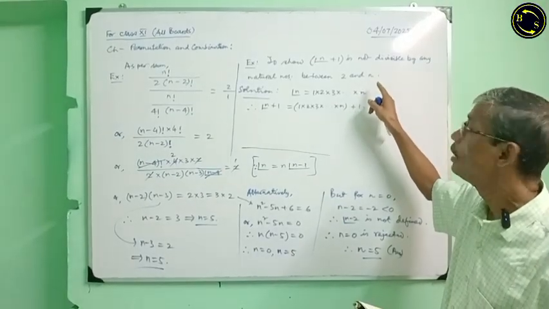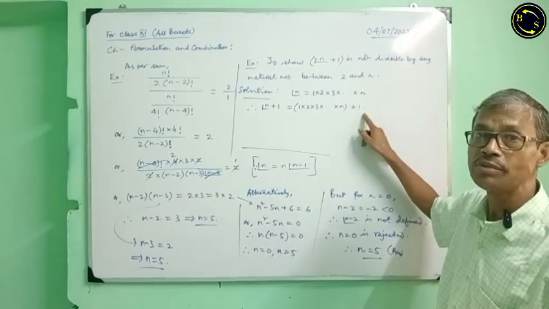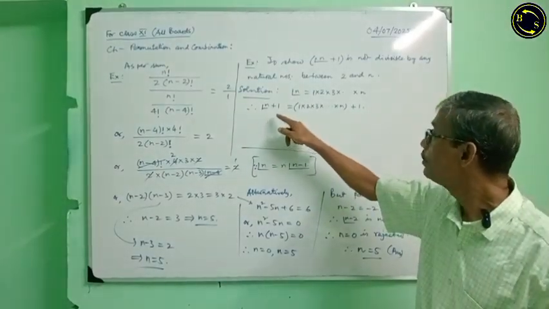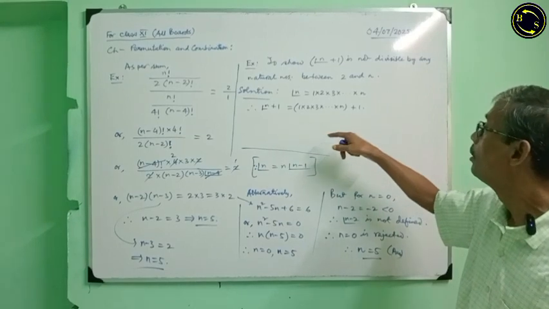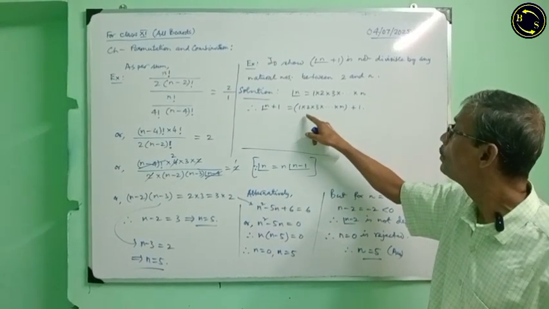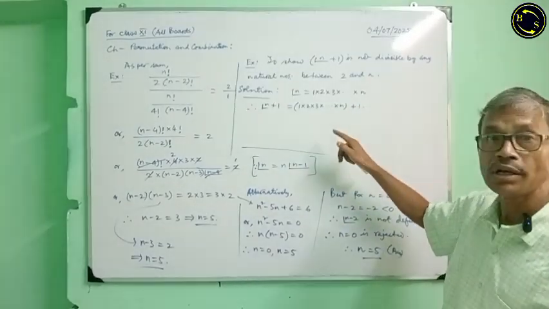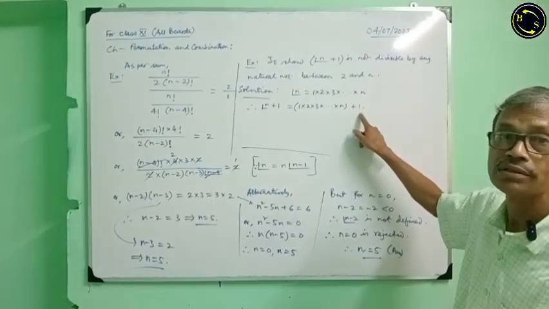Of course, integer. Why? Plus 1 is there. That means if we divide this number by any of the digits starting from 2 to n, then remainder will be 1 since plus 1 is there.